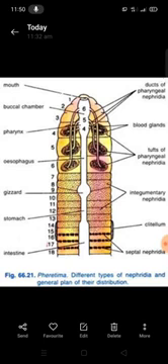A typical testicular nephridium is a horseshoe structure. Here it consists of various lobes, that is the initial lobe, the inner lobe, the main lobe, the vesicular duct, vesicle and nephridiopore. These are the parts of the testicular nephridia.